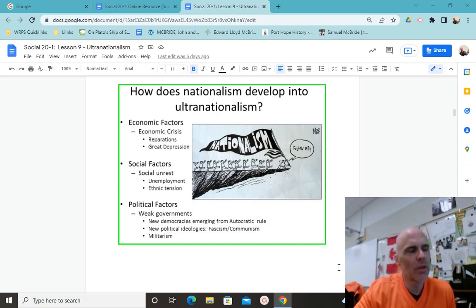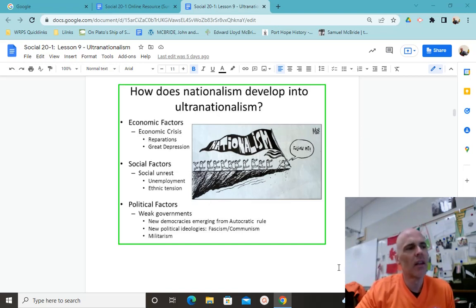We have within Germany, within the Weimar Republic, great political polarization. We have extremists on both sides, reactionary fascists and radical communists, and therefore the government was weakened because there's very few moderates that had an interest in preserving the Weimar Republic.